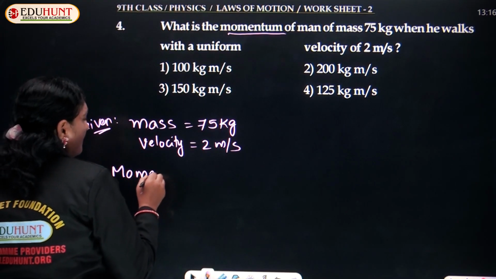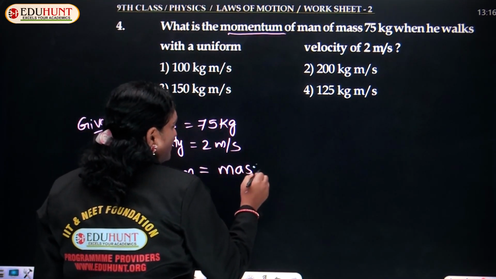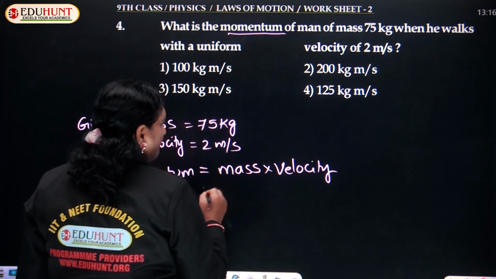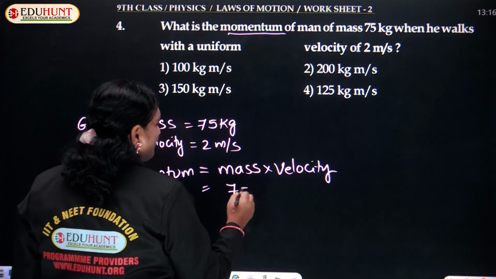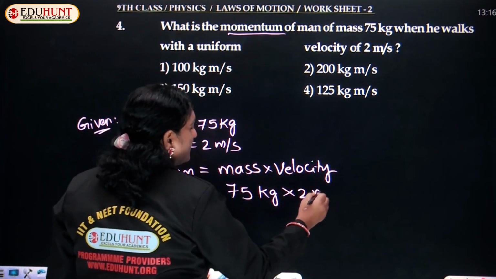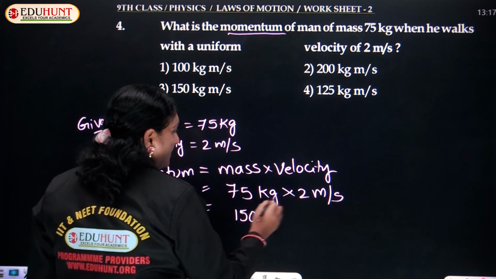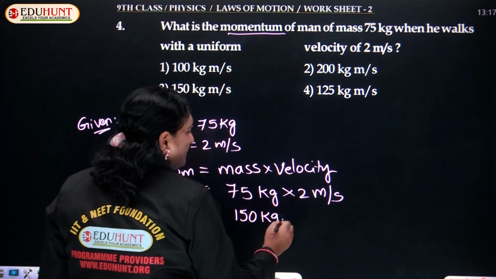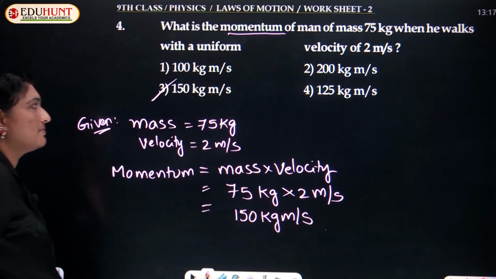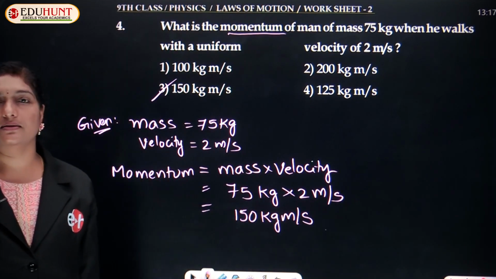So, momentum of the man is nothing but the product of mass and velocity. Substituting the values, the value of mass is given as 75 kg and velocity is given as 2 meter per second. So, 75 times 2 is 150 kg meter per second. So, the correct option must be option 3, that is 150 kg meter per second.